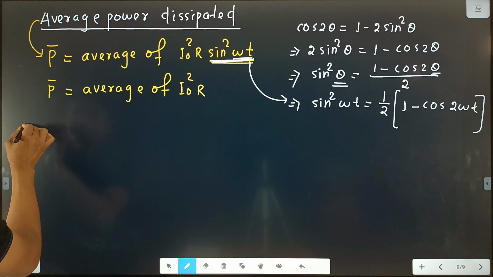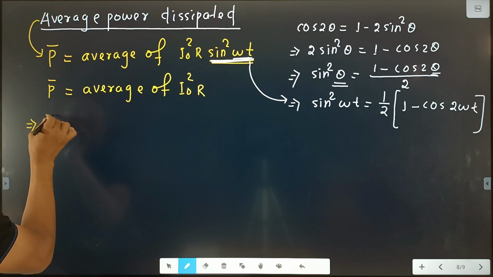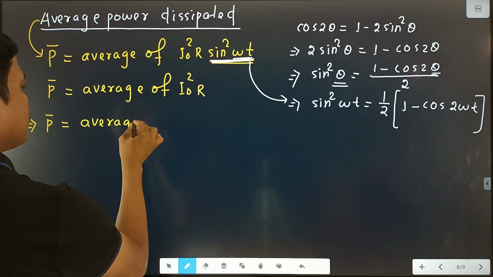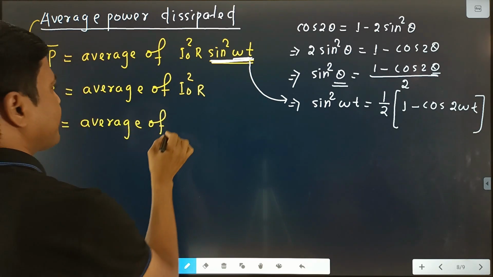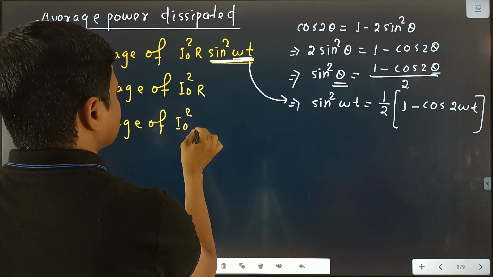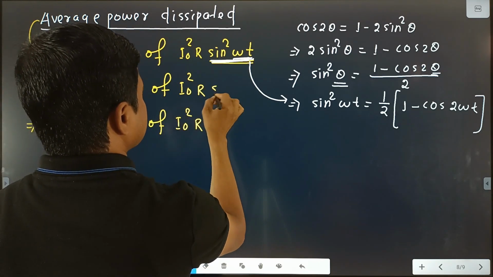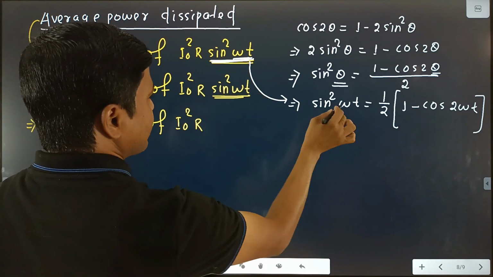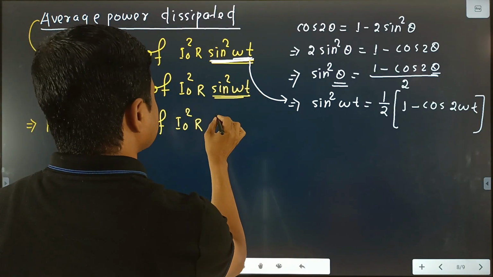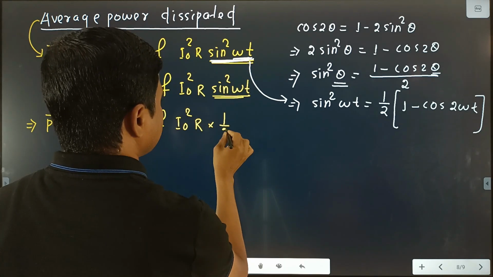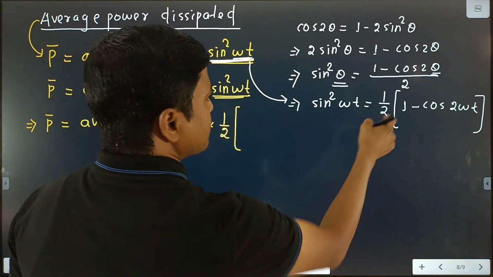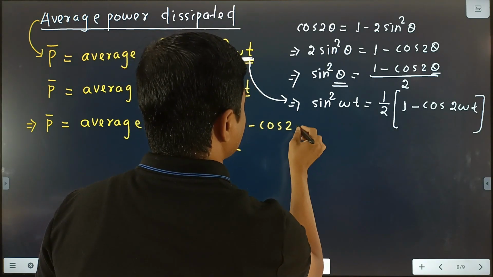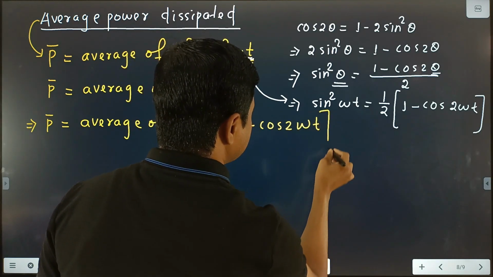So that average power consumed is equal to the average of I0 square r, and here we write sin square omega t. In place of sin square omega t we put this equation, multiplied by half, that is 1 minus cos twice omega t.